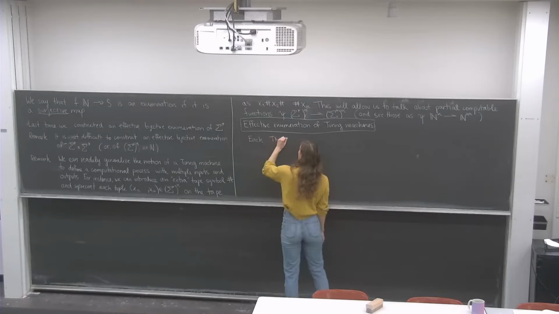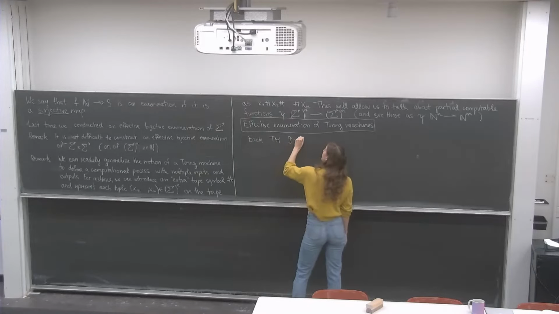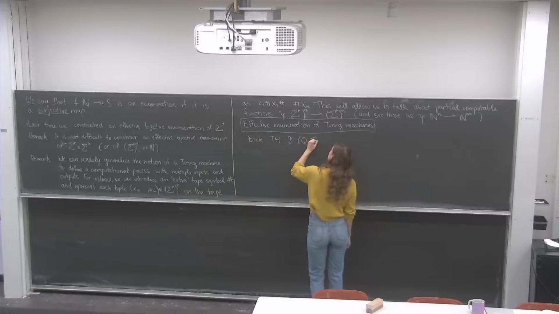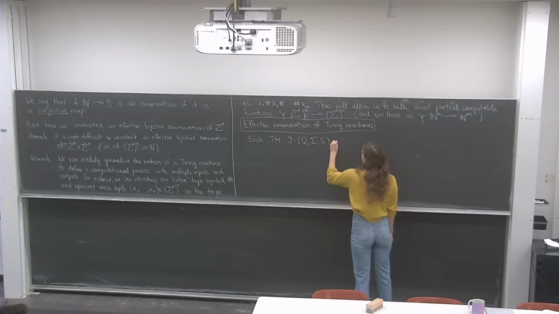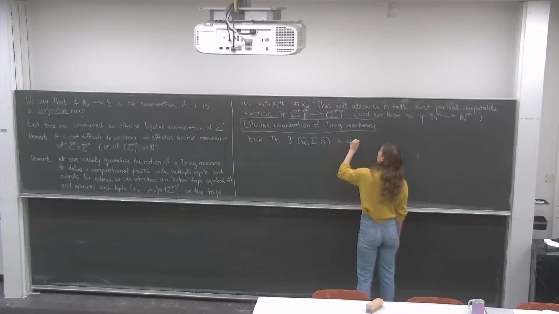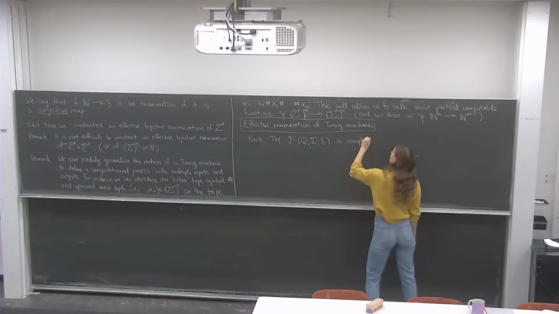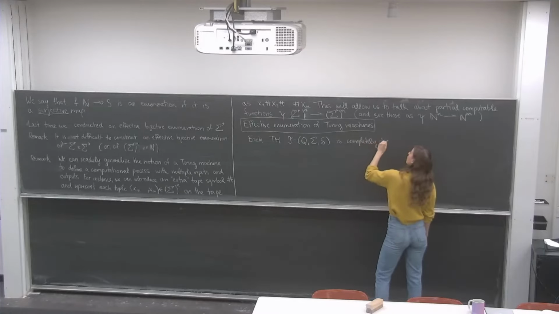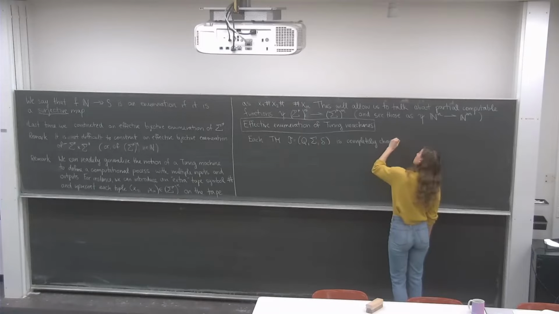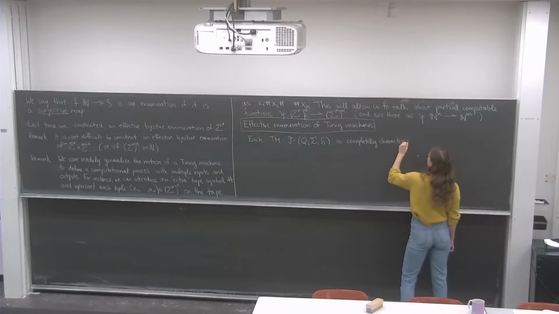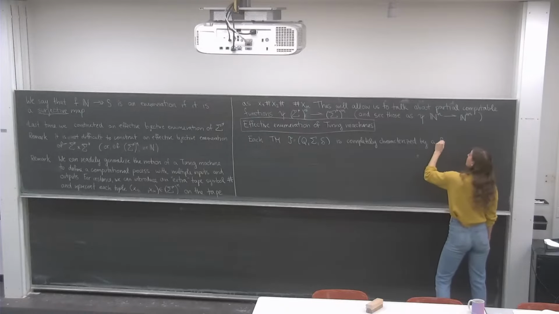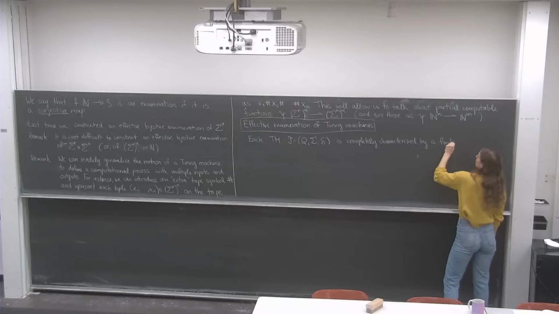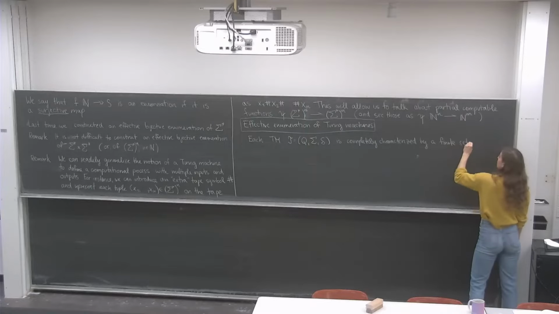So each Turing machine T with some states, input symbols, and transition function is completely characterized by a finite set of instructions.